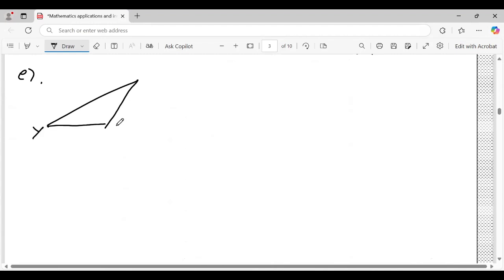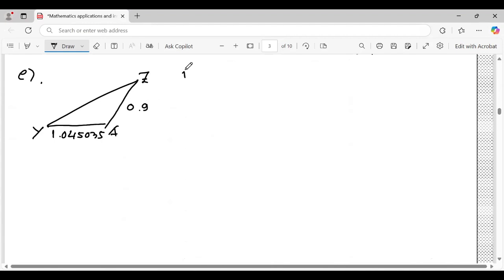So this is YA, see, and this side is 1.045035, and this side is 0.9.